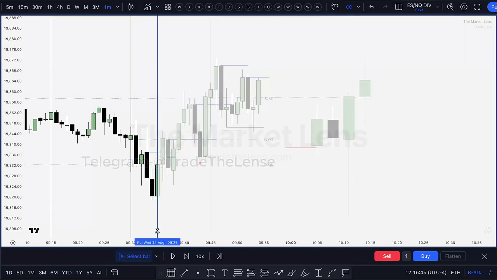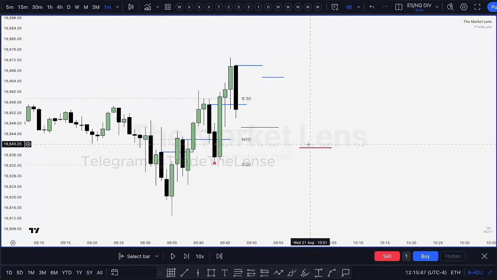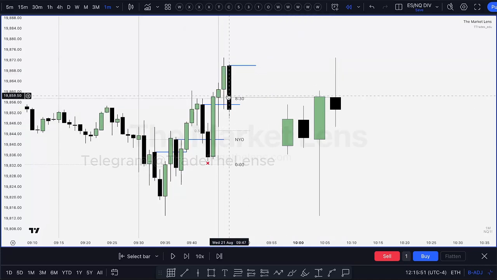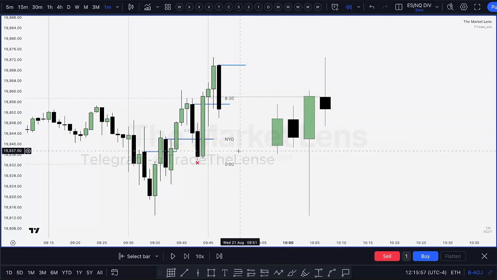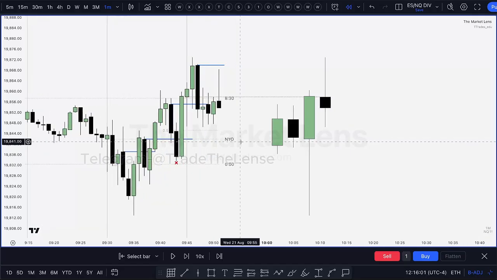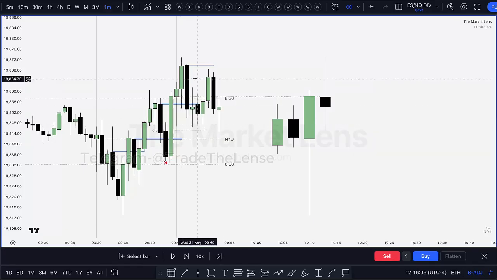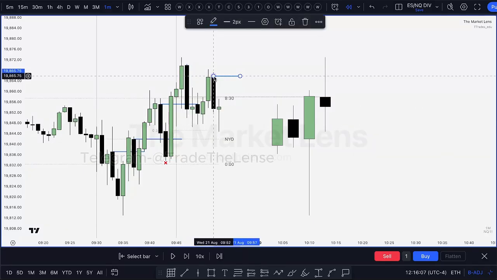Let's actually go candle by candle. With this move down, we're reaching back into one of our 3 points of interest. So if we close over this, it is valid to continue higher. We can't. Now we make a new low, so now this is going to be our order block.